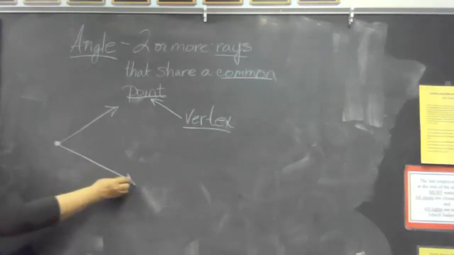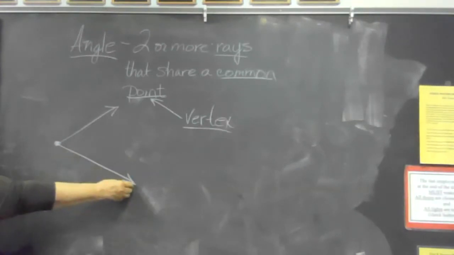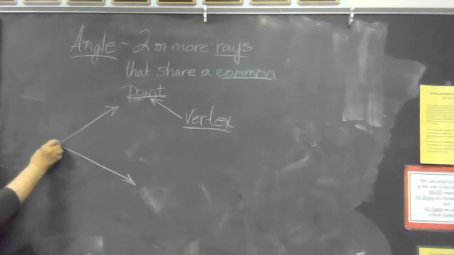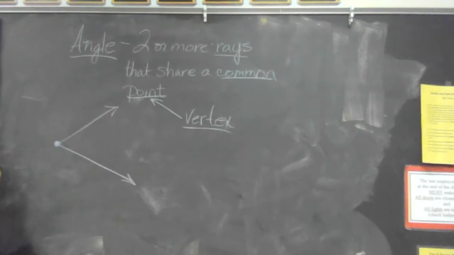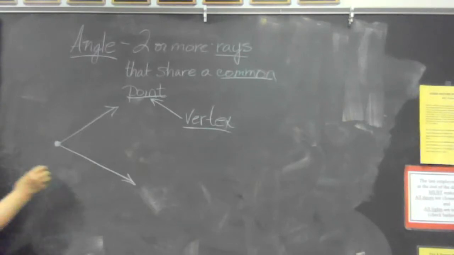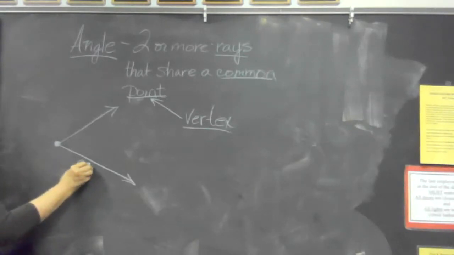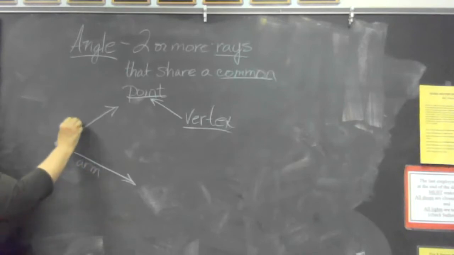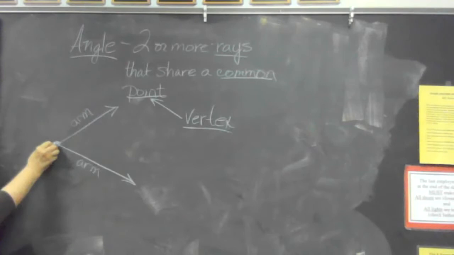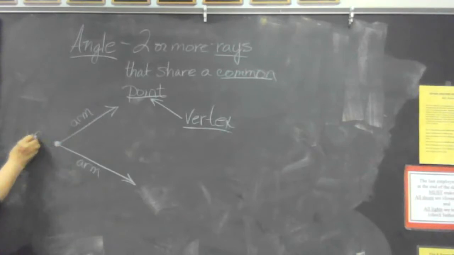Yes, this is a ray because it goes indefinitely in one direction but has an endpoint, remember? 2 rays. This is an arm. This is an arm. And this point, the common point, is called the vertex.